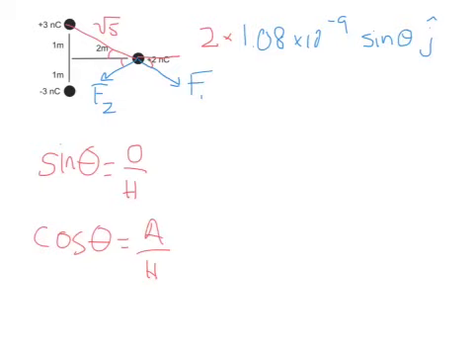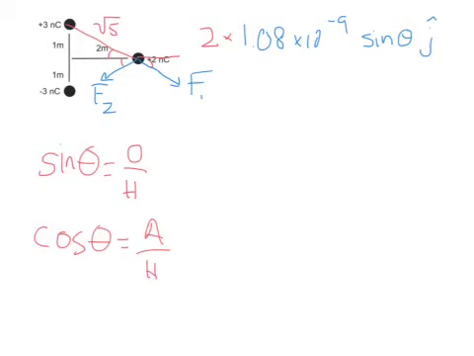So we just need to know what is sine of that angle. You don't need to know what the angle is equal to. You could go through a lot of trouble to figure out the angle, use inverse tangent and then take the sine of that and get a number. But that's not really going to help you very much for a symbolic problem, which this one isn't, but that would be a more complicated way to do it.